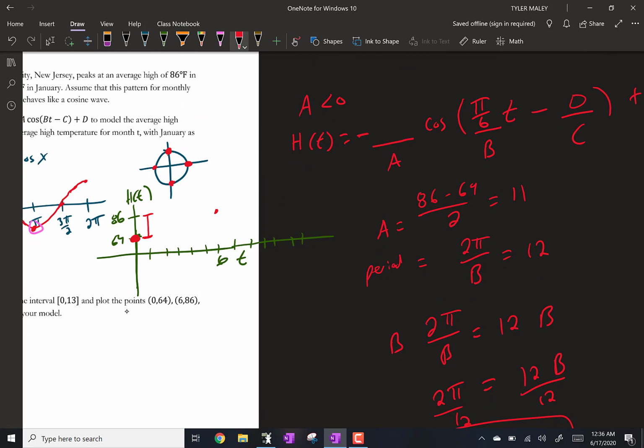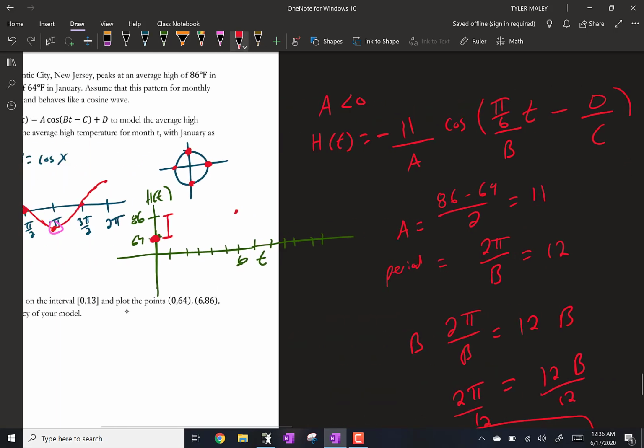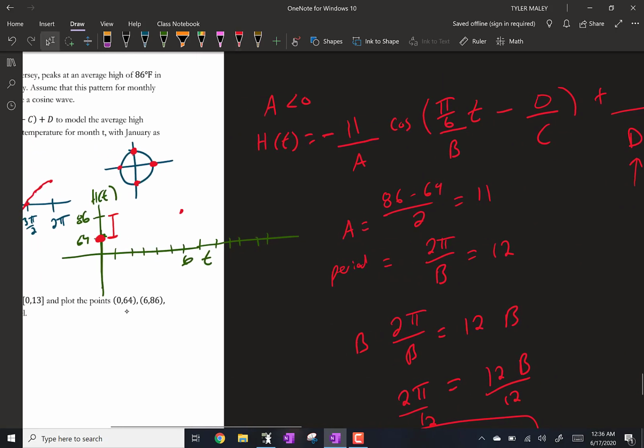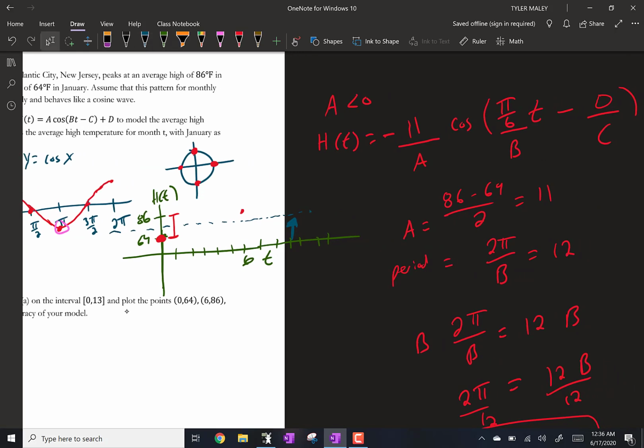So b is pi over 6, the amplitude was 11, and c was 0. The only thing else I need to fill in is d. Halfway in between is where this dashed line is going to be. Typically with cosine, like in this graph, that dashed line is the x-axis. If I can figure out where this line is, that'll tell me the vertical shift up.